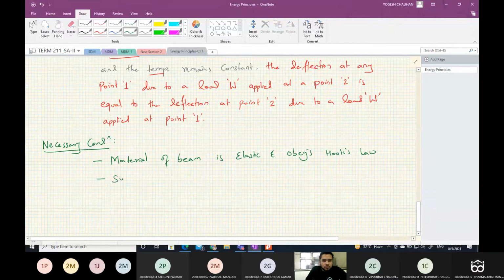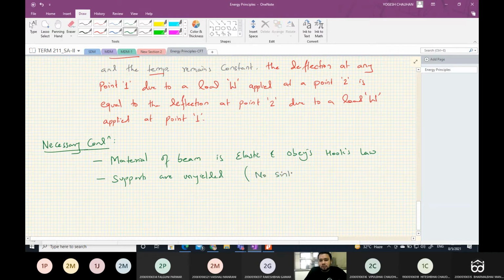Second, supports are unyielded, means there is no sinking or rotation of support.